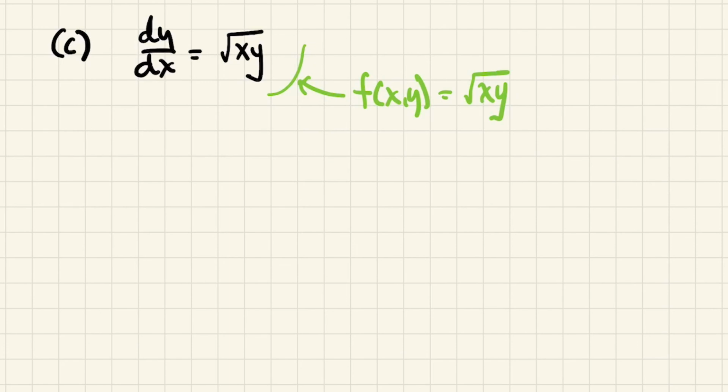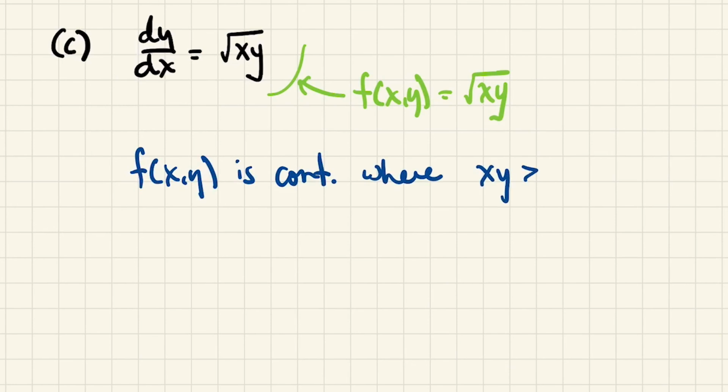So we can say that f(x, y) is continuous where xy is greater than or equal to 0. Okay, well, where is that? Well, if you think about it, that's just the first and the third quadrants. Right, so either x and y are both positive or x and y are both negative for this to be satisfied. All right, now let's take the first derivative with respect to y.